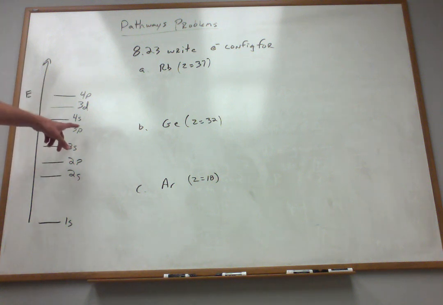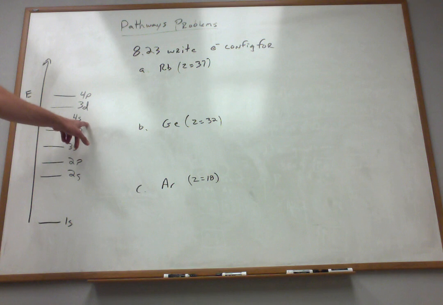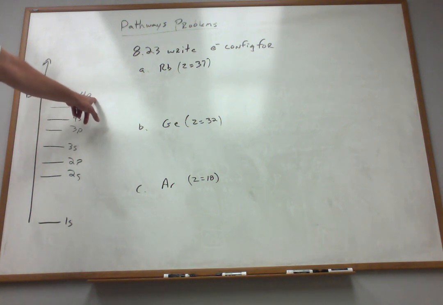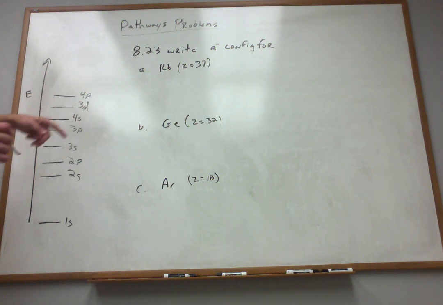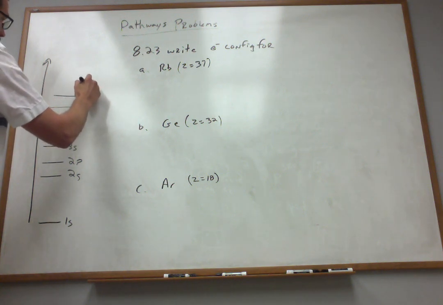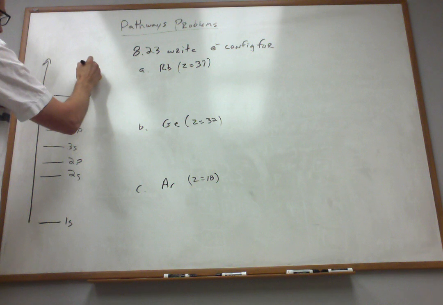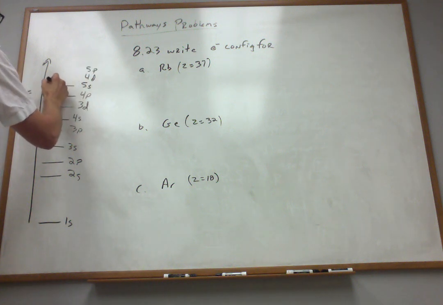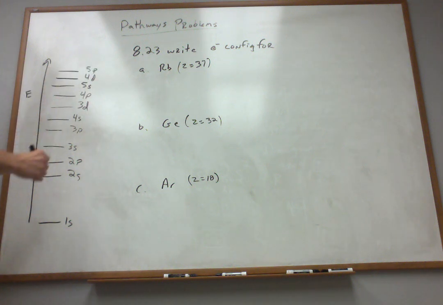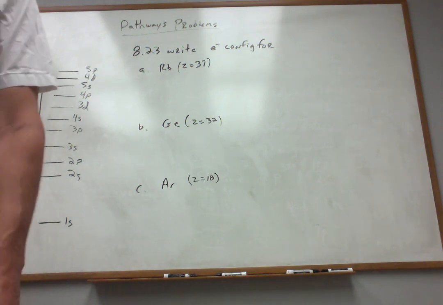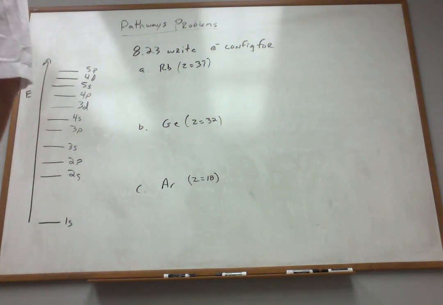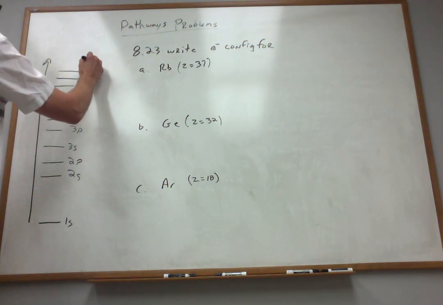We've got the 3p, the 4s is next after that, then the 3d, and 4p after that, followed by 5s, 4d, 5p. It gets pretty confusing to make a list for these higher levels. After the 5p, we've got the 6s, the 4f, and 5d.